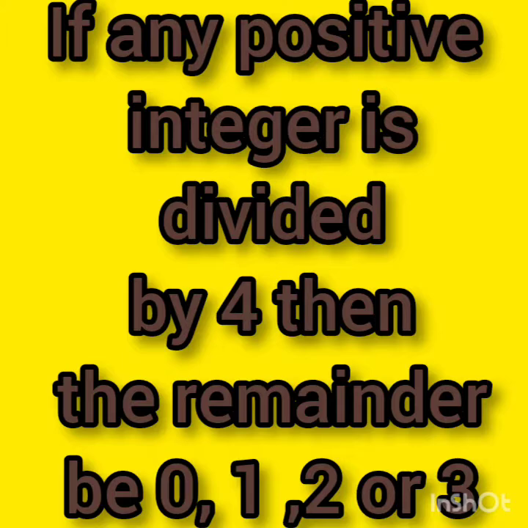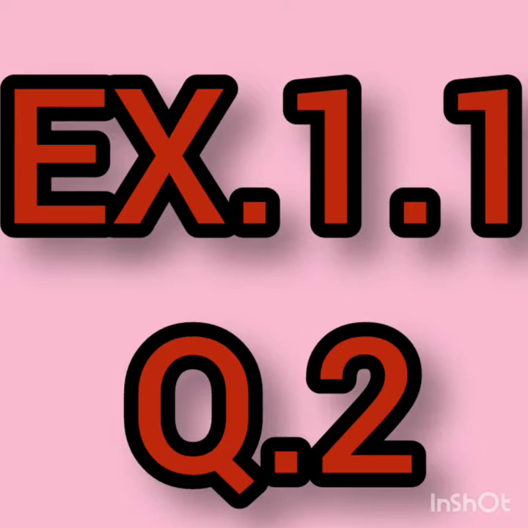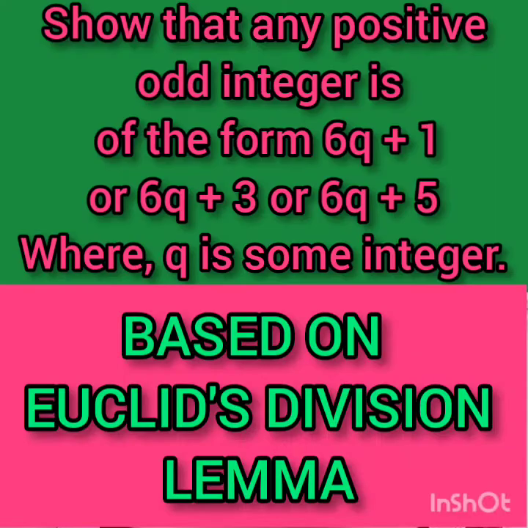Now let's try to understand through the illustration and example given in Exercise 1.1. It's question number 2 on your screen: show that any positive odd integer is of the form 6q plus 1 or 6q plus 3 or 6q plus 5, where q is some integer.